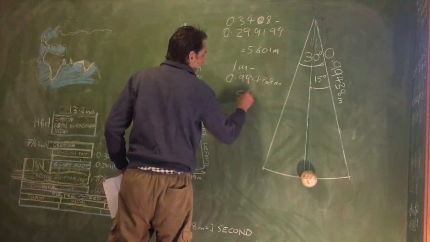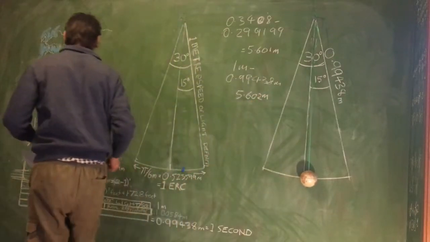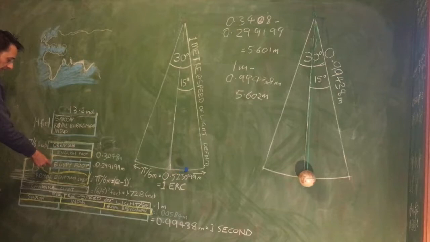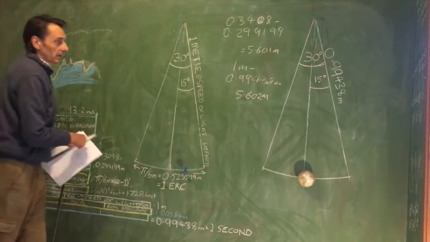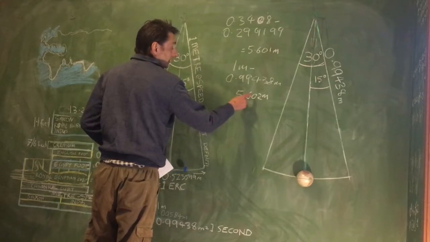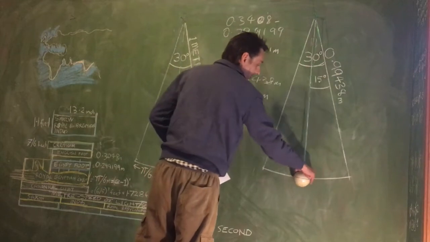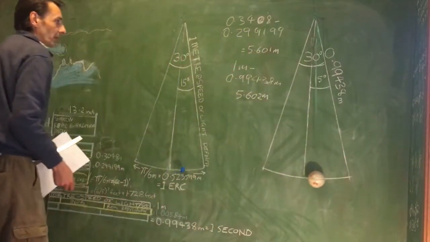The difference there is 5.602 millimetres. So as an example, the margin of error between 4/7 of an Egyptian royal cubit and the English foot is 1/1000th of a millimetre from this pendulum, which defines exactly 1 second at 45 degrees.